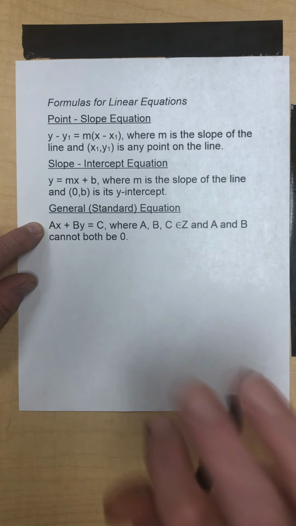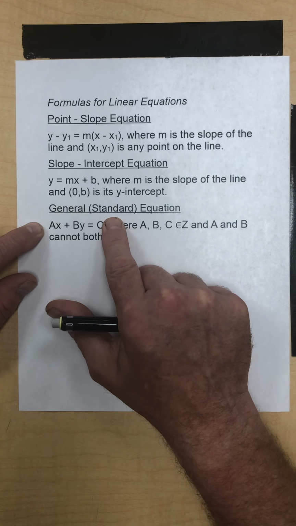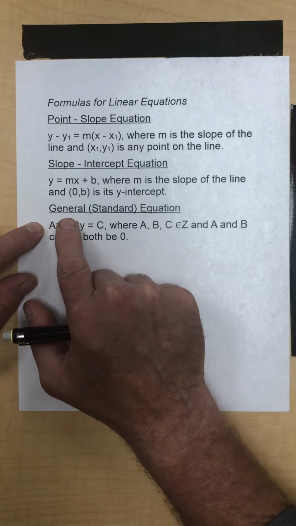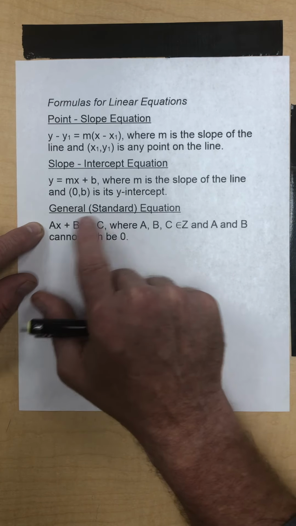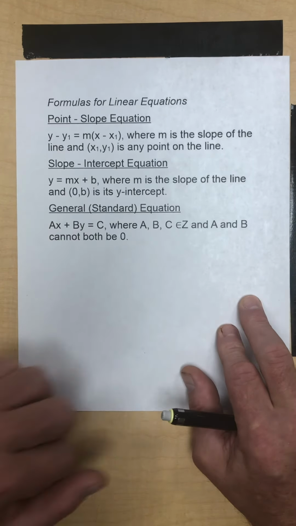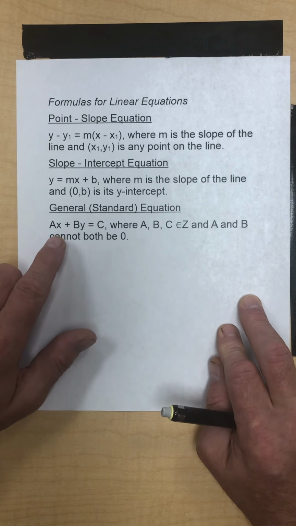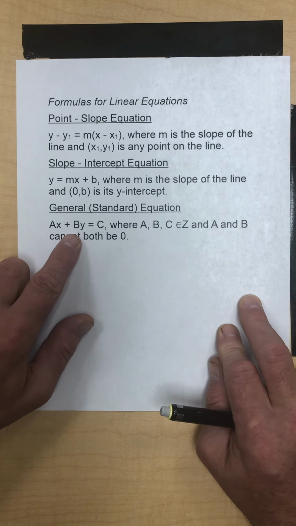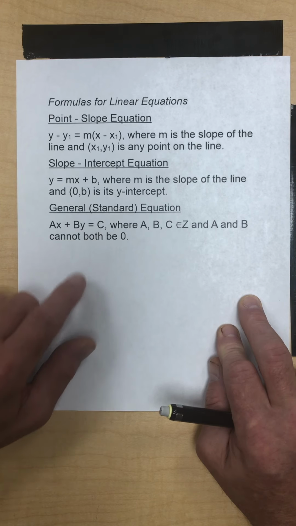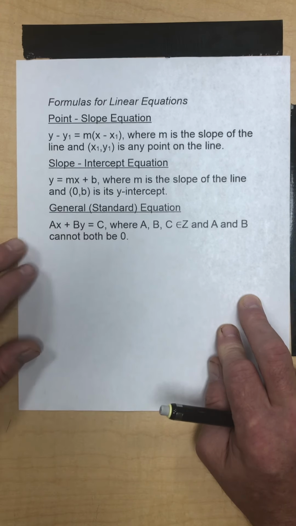And then what I normally refer to as standard is sometimes referred to as general. These go interchangeably. In that form, we have the term with x and the term with y both on the left-hand side and a constant on the right-hand side.